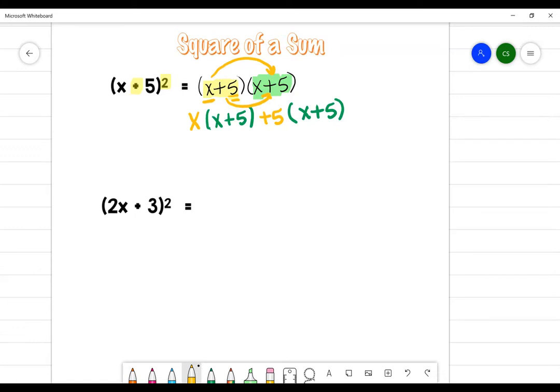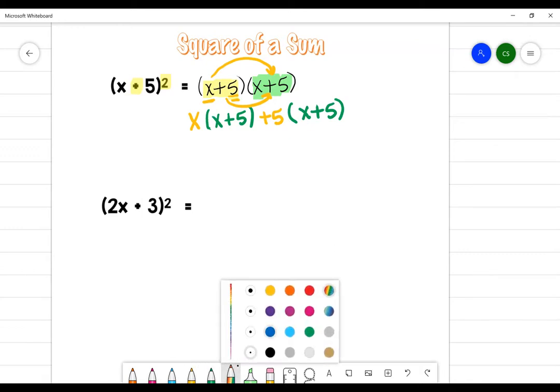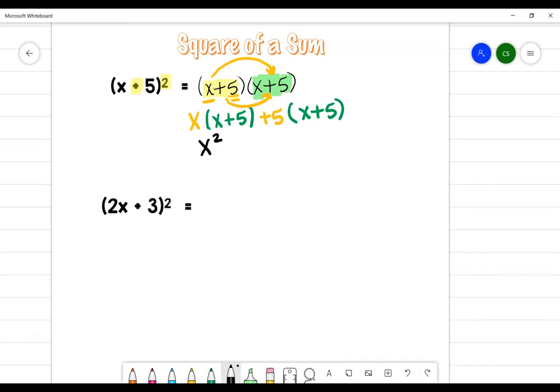Now I have my monomial times my binomial. Remember, x times x means how many x's do I have when I put them together. And x times 5 is 5x. Well, plus positive 5 times x is also positive 5x.